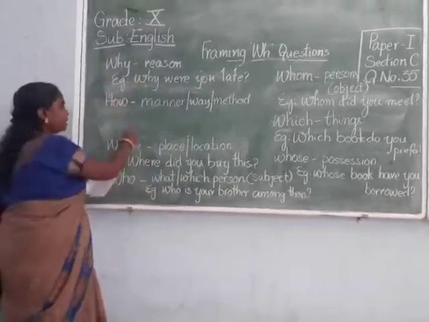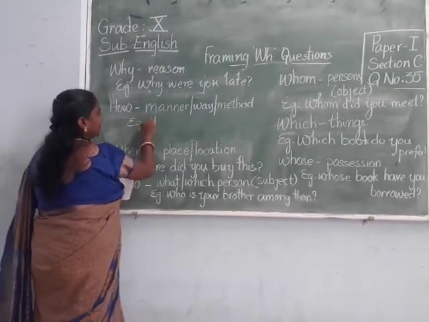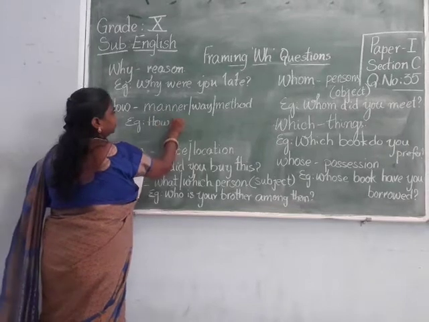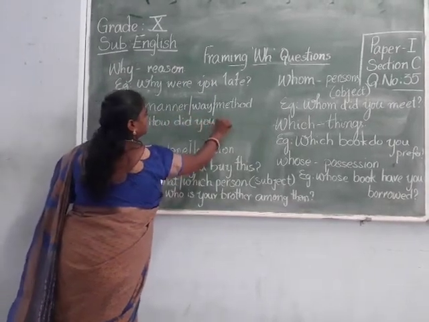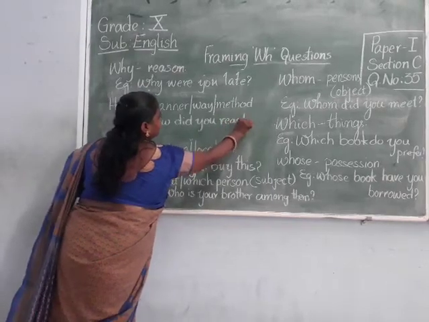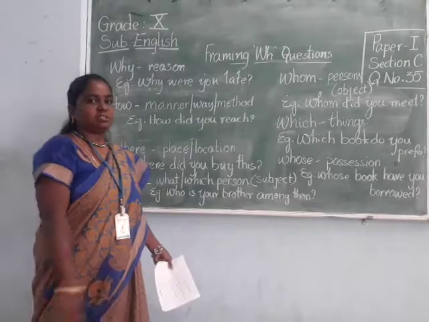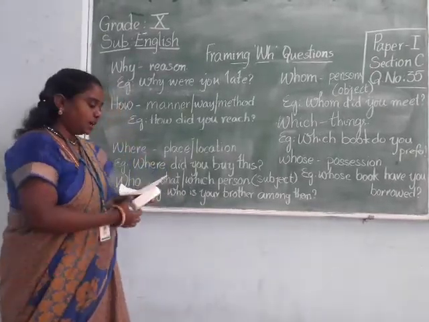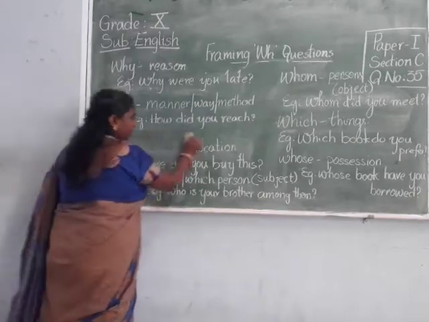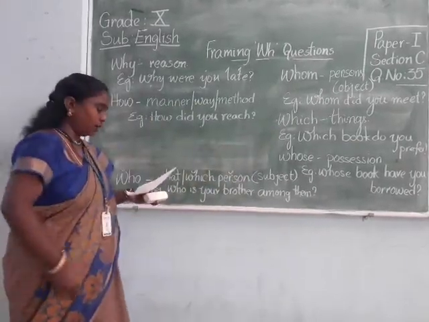For example, how did you reach? So in what way, by which method or by which means you have travelled and reached there. It's asking the way. And one more usage of how is to know about the quality or condition.